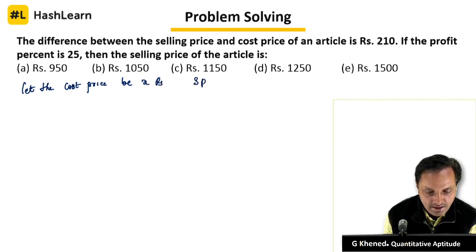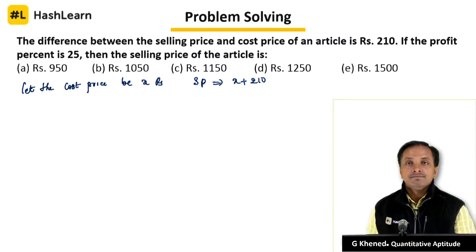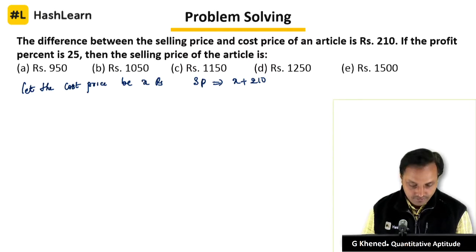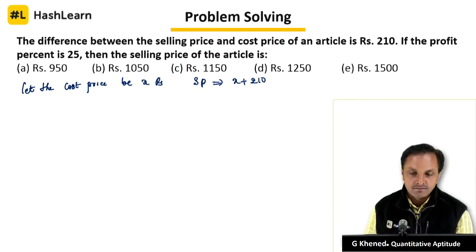Then what is your selling price? Is it clear? Because the difference between cost price and selling price is 210.